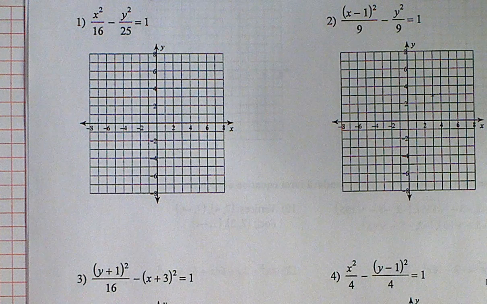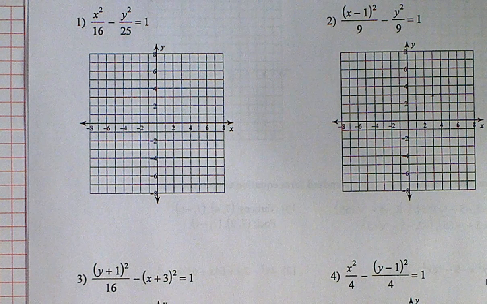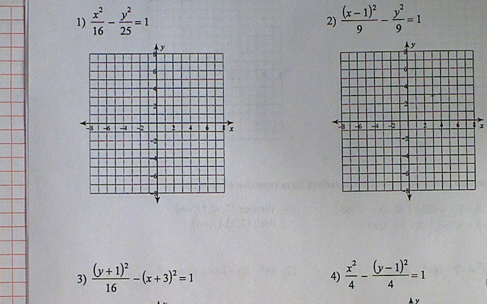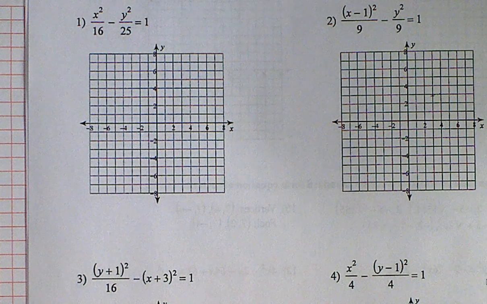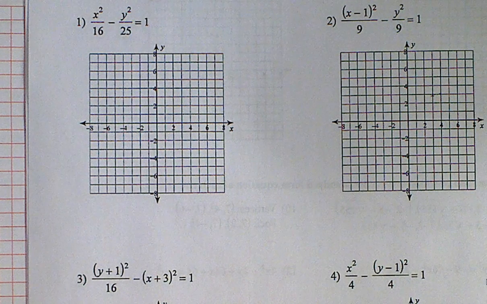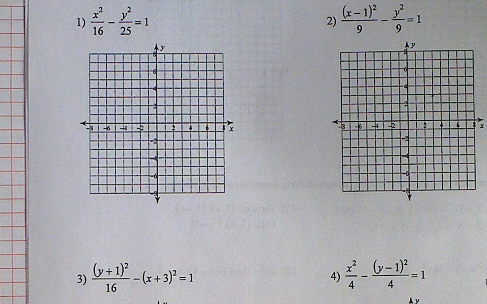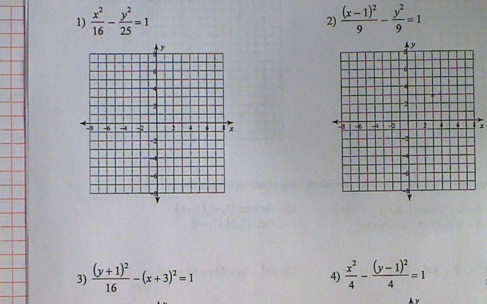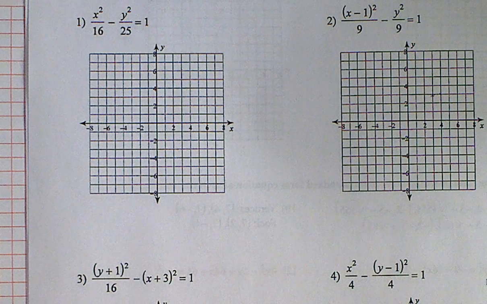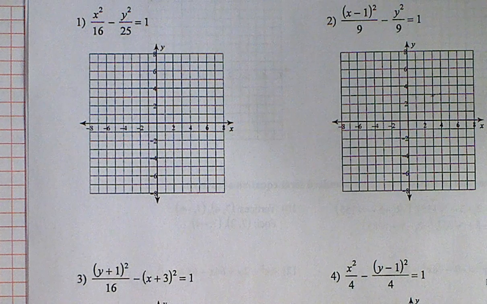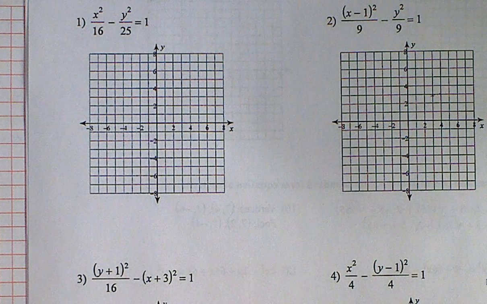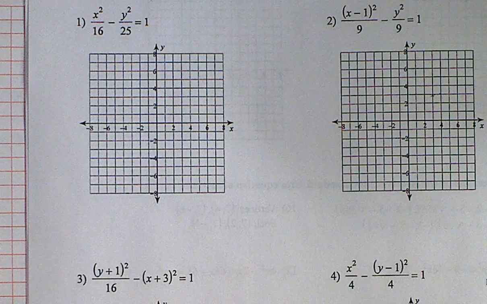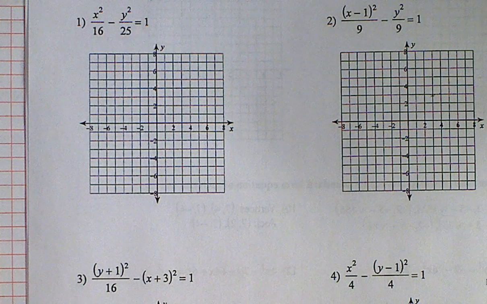Next thing you're going to find is a, which is the square root of this number, which is 4. b is the square root of that number, which is 5. So you're going to go right 4 and left 4, and then up 5 and down 5. This is that box thing.